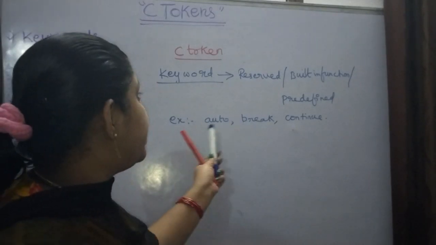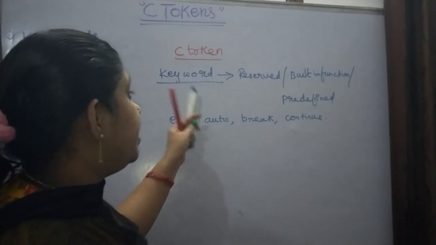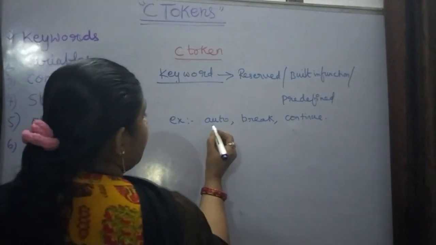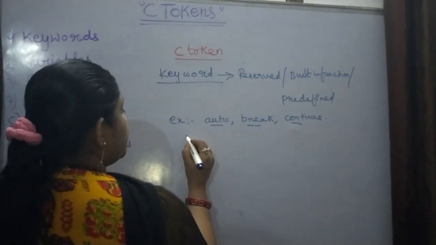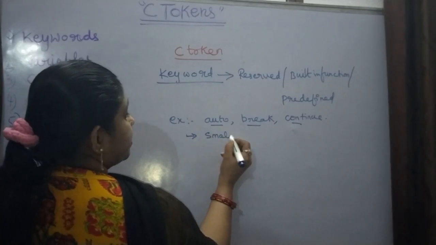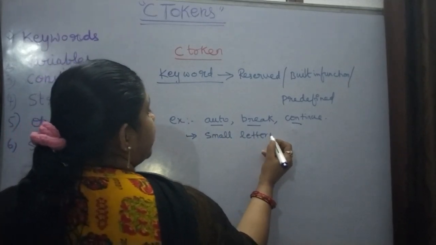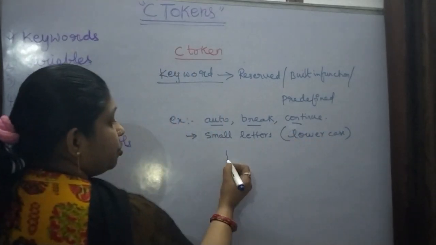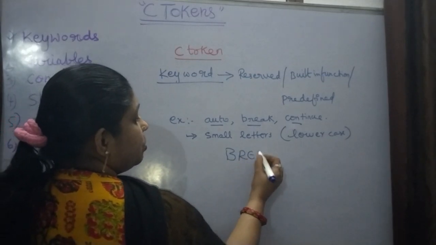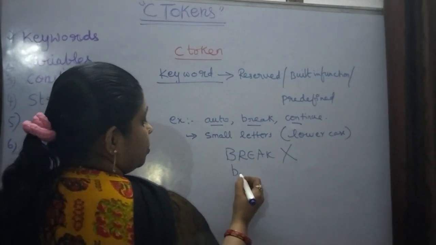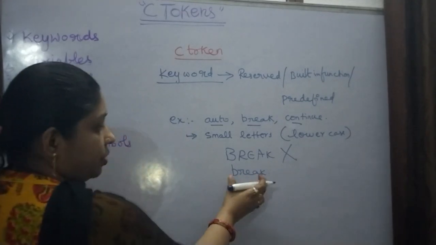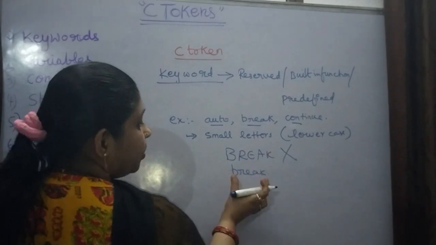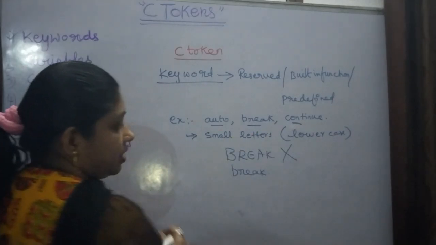So those types of keywords have been created and kept in the C software, right? And these keywords are always written in small letters. That means lowercase is used for this, not uppercase. You should not write it like that; this is wrong. The lowercase letters have been grouped together and written like this.